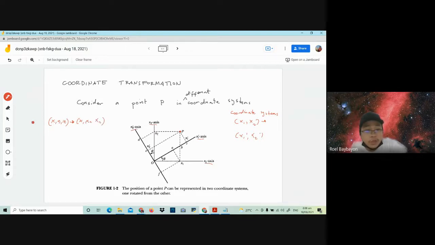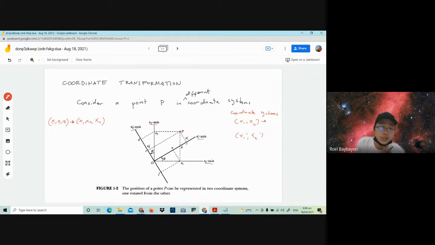So x1 means your x-axis, x2 means the y-axis, and x3 means the z-axis.